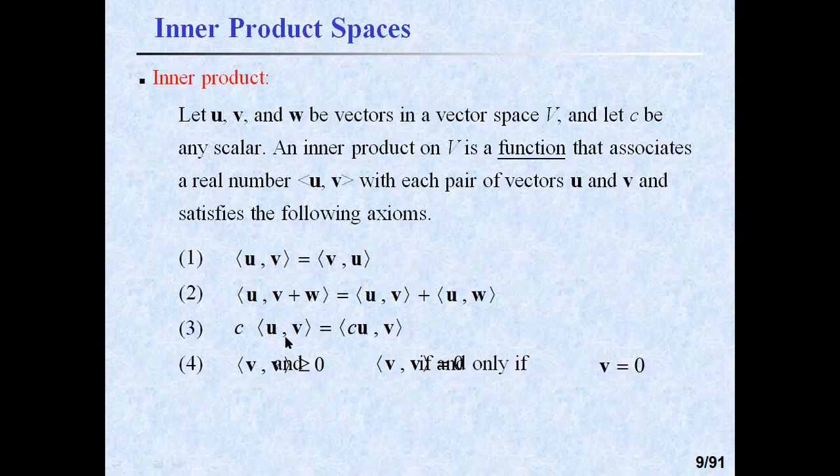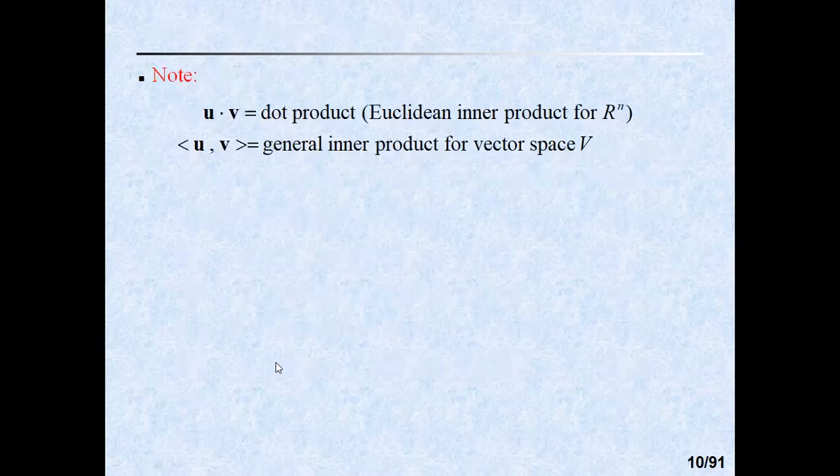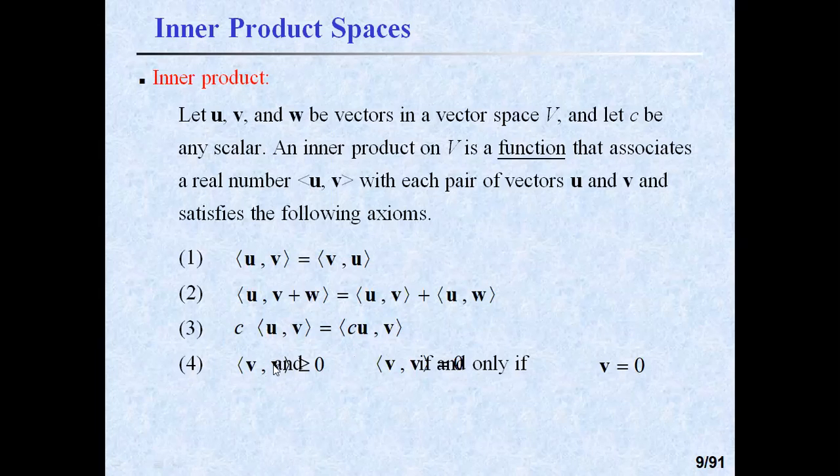By taking the scalar multiplication of the inner product, C into the inner product of u comma v can be represented as the inner product of C u comma v. Then the inner product of v comma v is greater than or equal to 0, and the inner product of v comma v is equal to 0 if and only if v is 0.